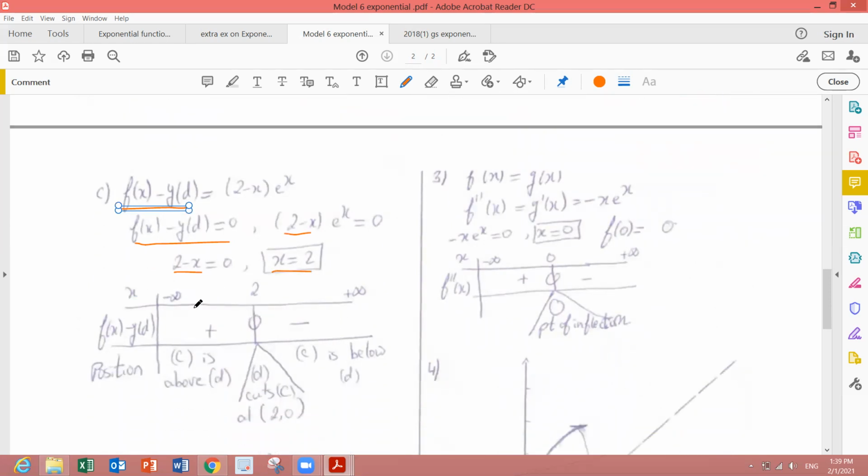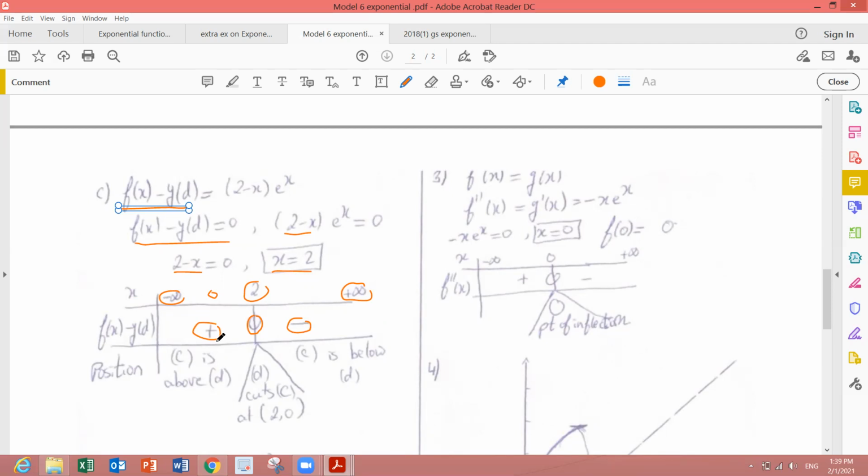Sign table for position. X domain is minus infinity to plus infinity. At 2, fx minus yd is 0. To know the sign between, for example, between minus infinity and 2, if we take the number 0 and put it in place of x in 2 minus x e to the x, 2 minus 0 gives positive here, and negative here.